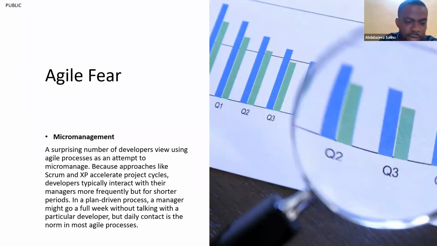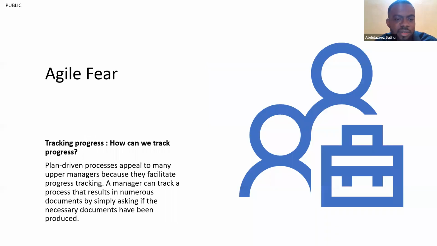So, fear of Agile: those organizations, those teams that fear Agile, your managers fear Agile. What are they afraid of? Developers fear micromanagement. How can you call us for a daily stand-up? That means you're micromanaging us. Those are the fears that people usually have. And for tracking progress, where are we?